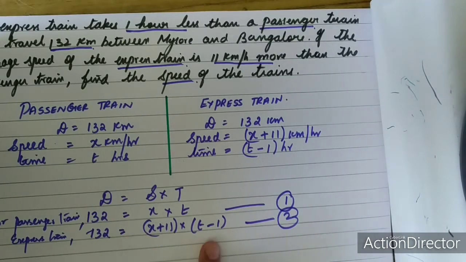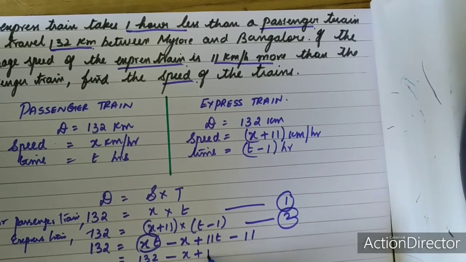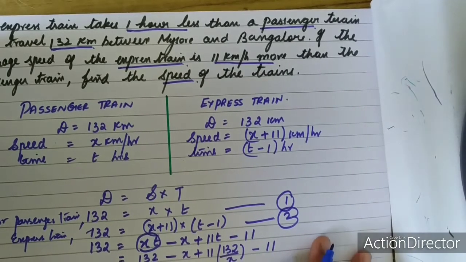Now let me solve the equation number 2. 132 is equal to x into t is xt, minus x into 1 is minus x over here, 11 into t is 11t, minus 11 into 1 is 11. As I said earlier, replace the value of xt. So which is equal to 132 minus x, and again t is replaced by 132 upon x, minus 11.